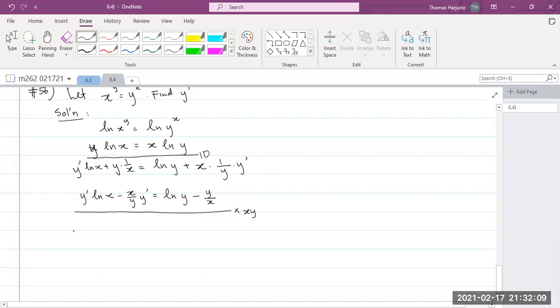So I will get xy ln x times y prime minus x squared y prime equals xy ln y minus y squared. If I factor the y prime here, xy ln x minus x squared equals this.